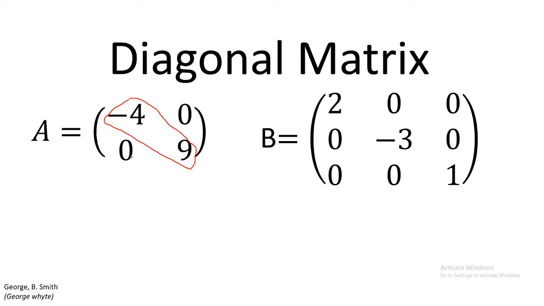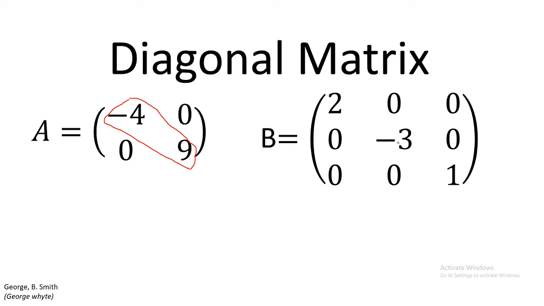That's the number one criterion. Then all elements should be 0 except at least one element of the principal diagonal. It is possible for some diagonal entries to be 0, but it's still a diagonal matrix as long as at least one element there is non-zero.